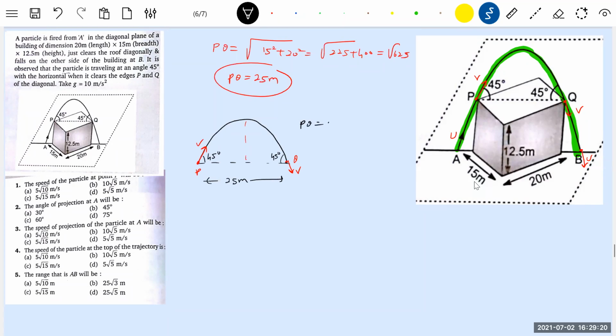So PQ equal to V square sine 2 theta by g. The value of PQ we know, 25. V square, theta is 45 degrees here. I'll take some other angle, phi.